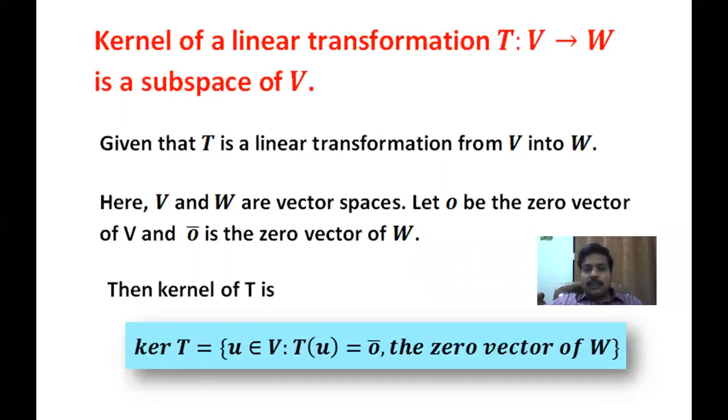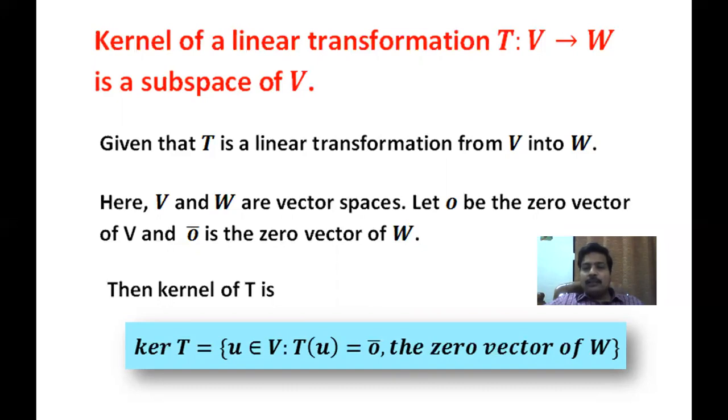That means both the sets have those 10 properties which we have discussed earlier. So in both the vector spaces, there must be zero vectors.